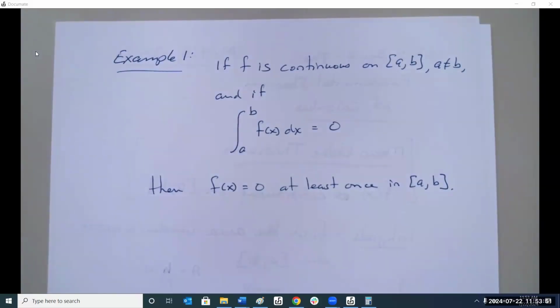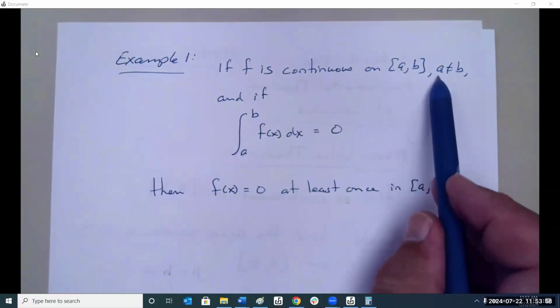The obviousness of this question is just jumping out at us because it tells us here that A cannot equal B.